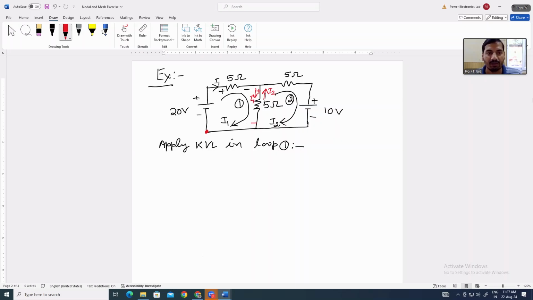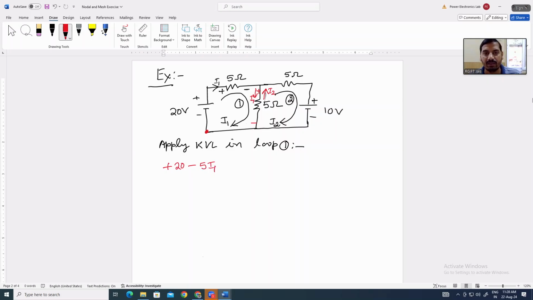So we are starting at this point. Initially we are getting minus, then we are getting plus. So minus to plus we have taken positive, plus 20. Then we are getting plus, then minus, so we will take minus 5 I1.